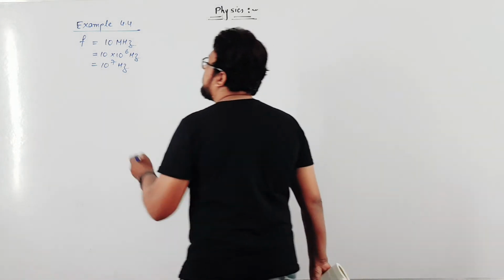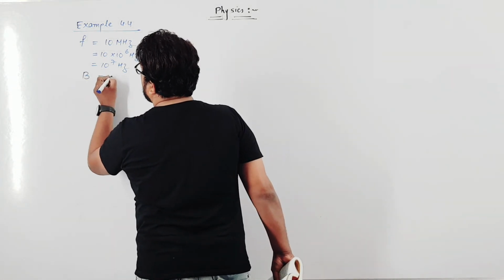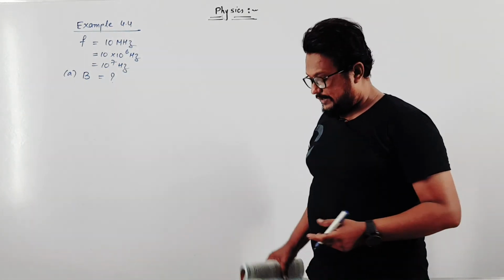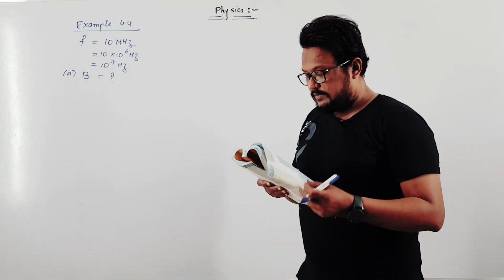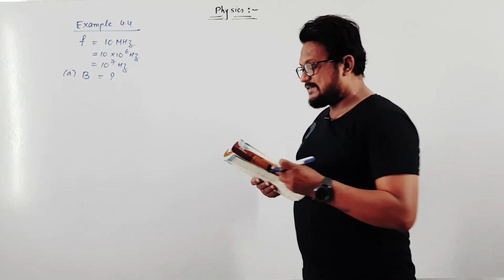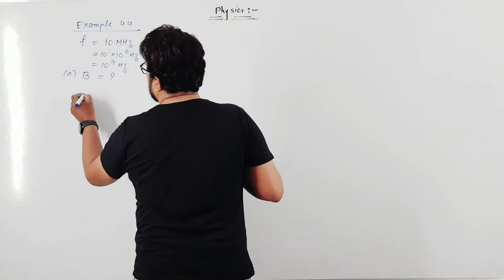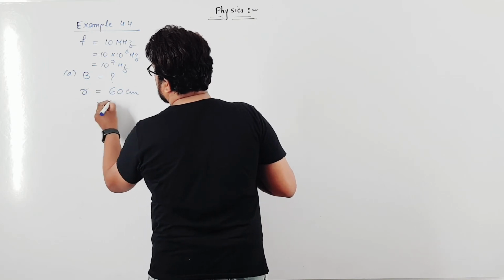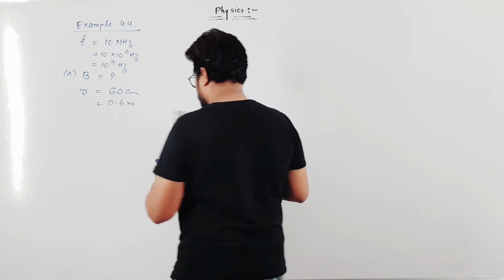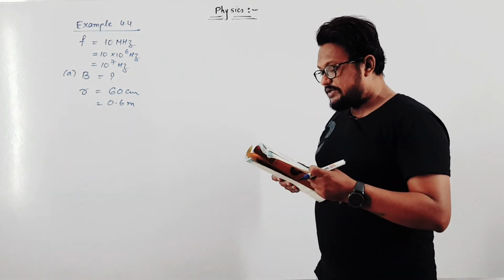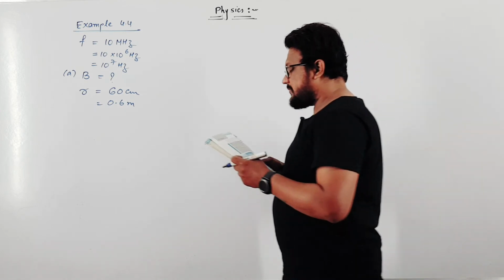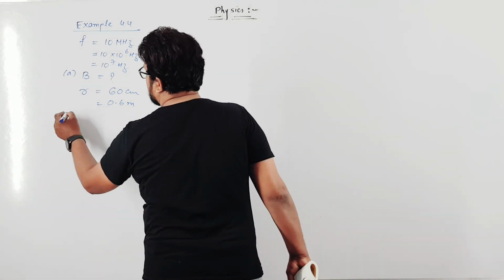In order to accelerate protons, what must be the magnetic field? So first thing, we have to find the magnetic field for proton, right? If the radius of the disc is given as 60 centimeter, that is 0.6 meter, what is the kinetic energy in MeV of the proton beam produced by the accelerator? We have to find the kinetic energy.